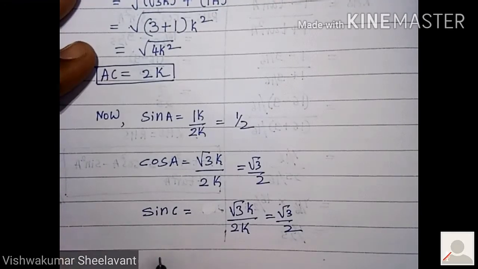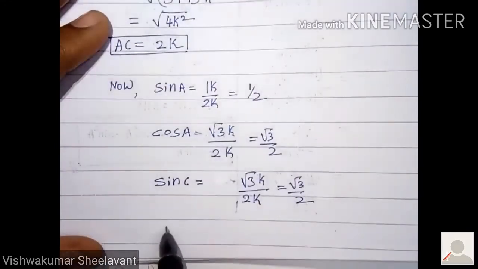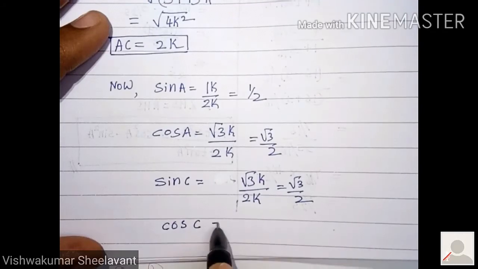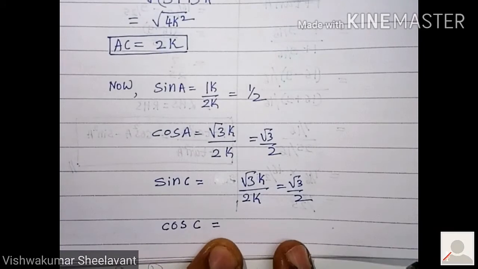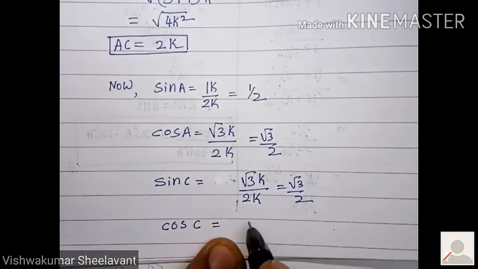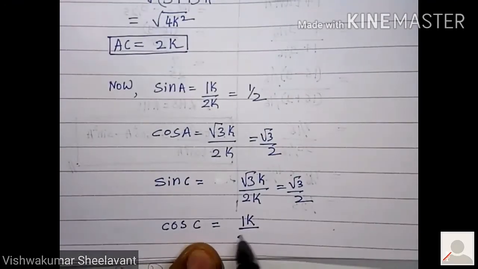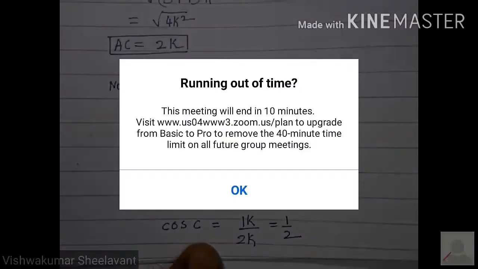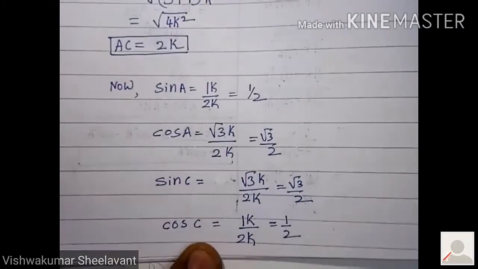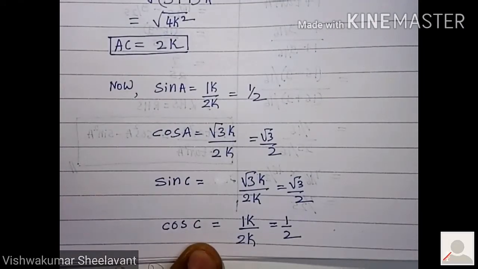We also need cos C. Cos C is 1K upon 2K. K and K will cancel, and we get 1 by 2 only.